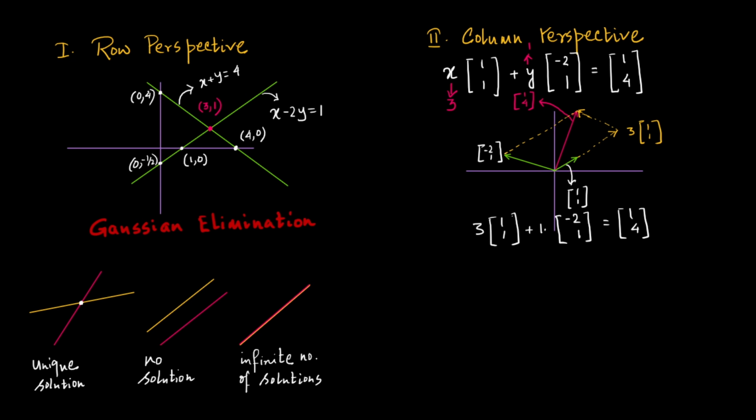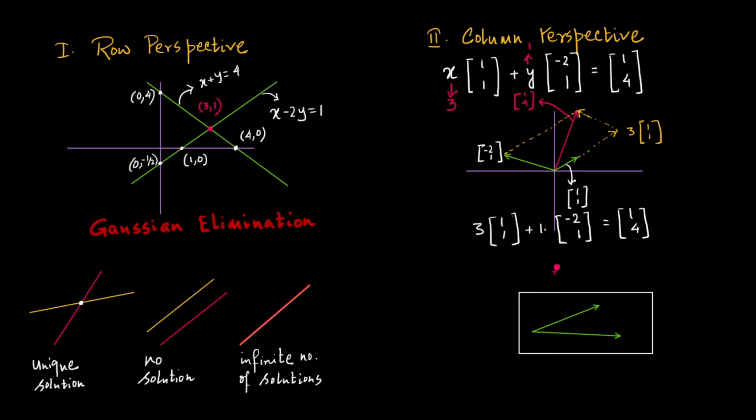It's pretty simple. Suppose I have 2 vectors which are lying in the same plane, but the vector on the right hand side, that is the vector that you want to express as a linear combination of these 2 green vectors, is lying outside that plane. The question is, can you represent this pink vector as a linear combination of these 2 green vectors?